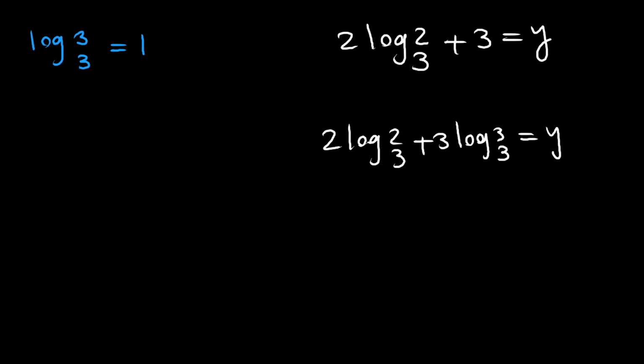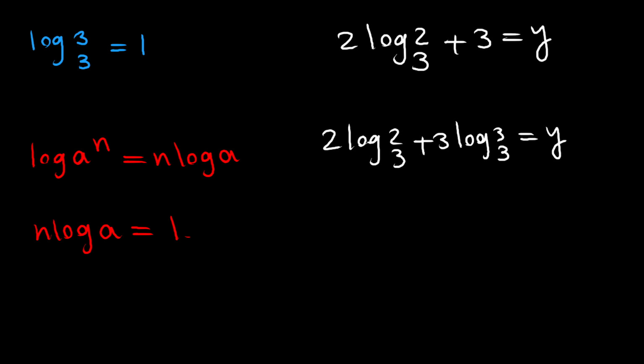Make sense? Great. Next, let's go ahead and use the reverse of the power rule. So remember that the power rule stated that log of a to the power of n equals n times log of a. So we can just do the reverse. We can say that n times log of a equals log of a to the power of n.